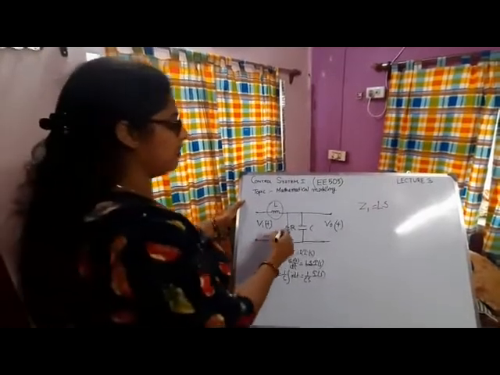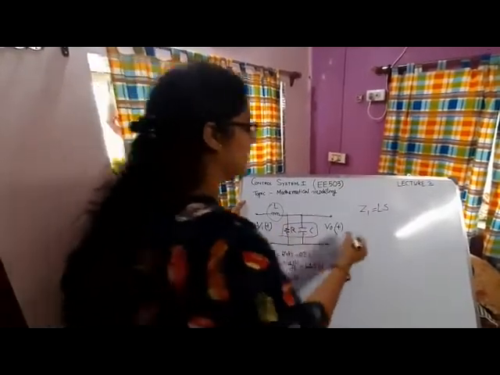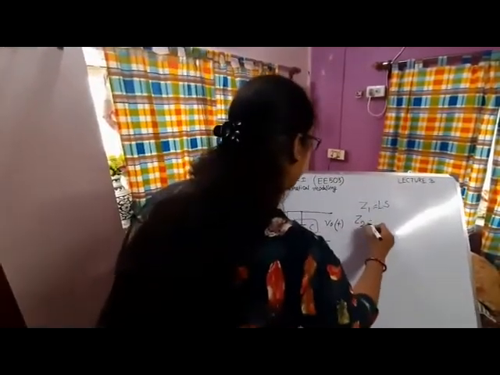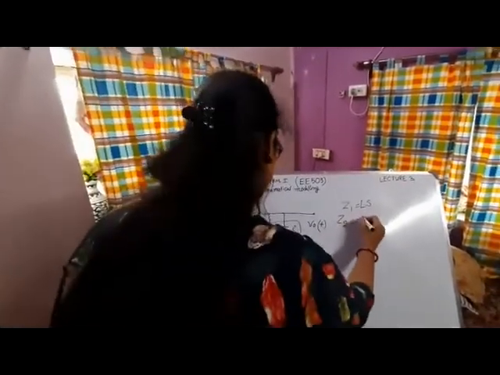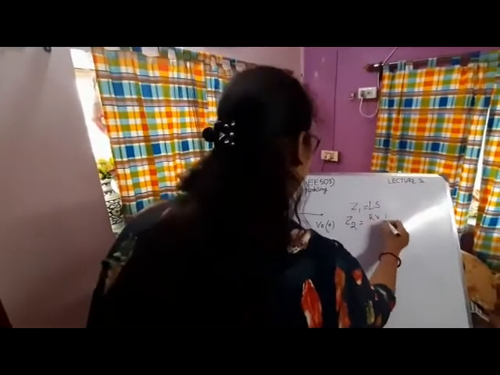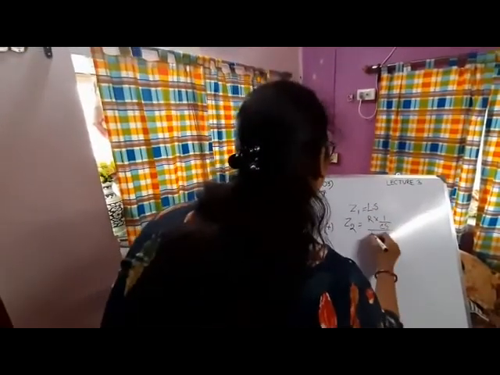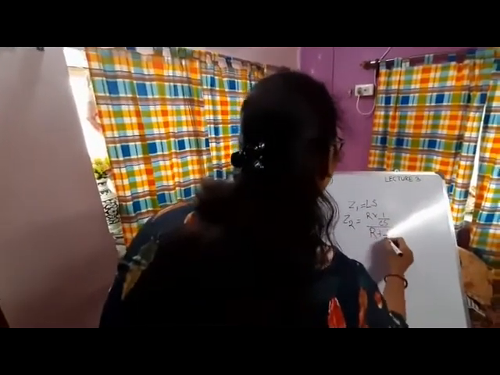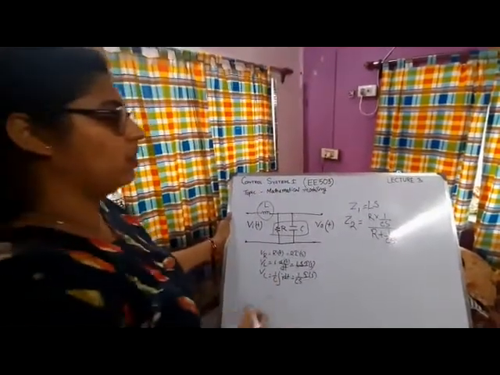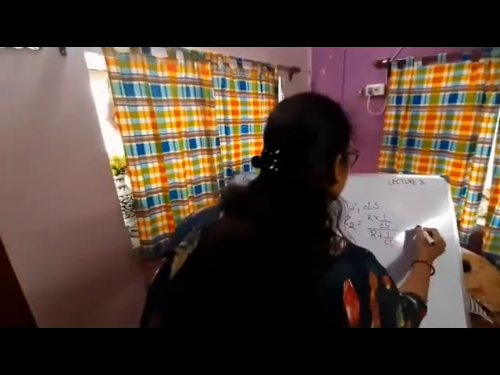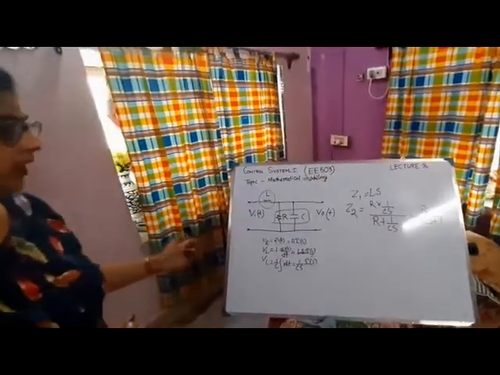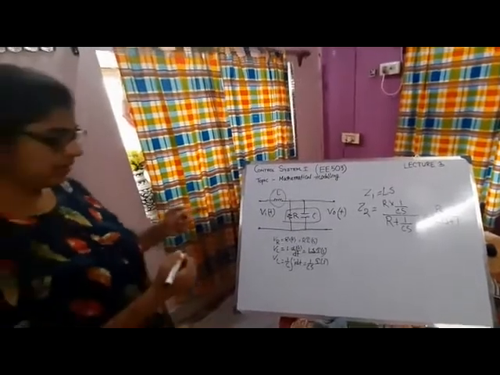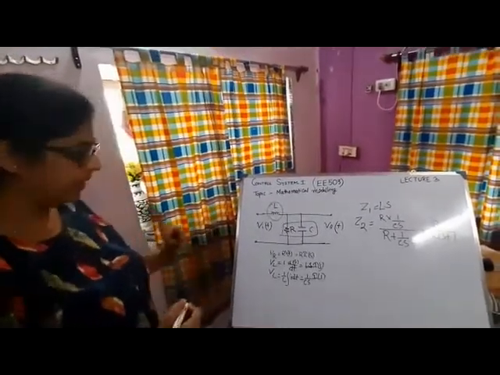And Z2 is the parallel combination of R and C. When both of these are in parallel, it will be written as R into 1 by Cs divided by (R plus 1 by Cs), which is equal to R by (RCs plus 1). Now we can easily find V_0(s) and V_i(s).